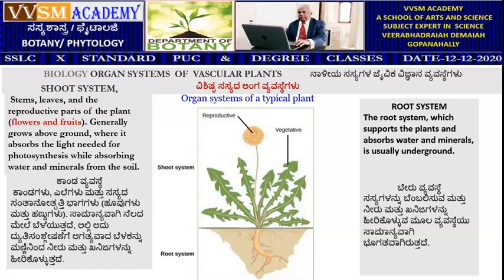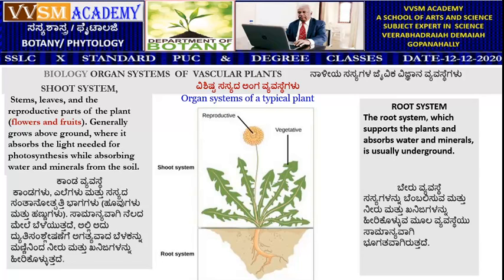The root system is below the earth. It supports the plant, anchoring the plant with the help of the roots: tap roots, mother roots, lateral roots, which are responsible for anchoring the plant or a tree in the soil or in the earth. So it supports the plants. Another important thing, it absorbs water and minerals, usually underground.